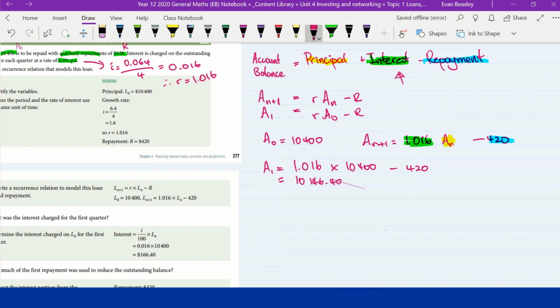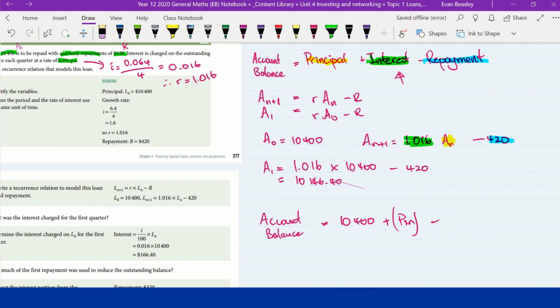So I'm just going to express this, how we might do this, as you see on a bank statement as well. So we can just write it as account balance, yes. Now, what was our principal? It was $10,400. Now, to calculate the interest, or the growth rate, it's just going to be plus PIN. It's a simple interest, and then we're going to minus that repayment.